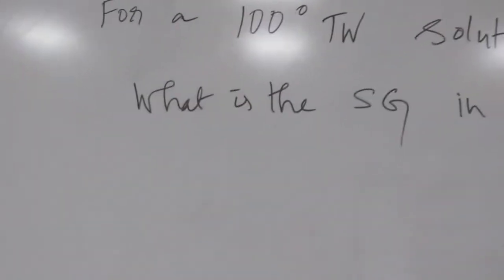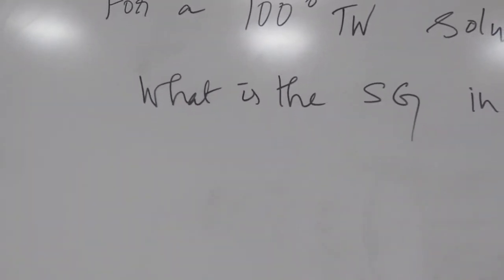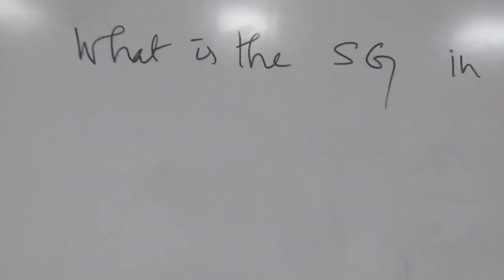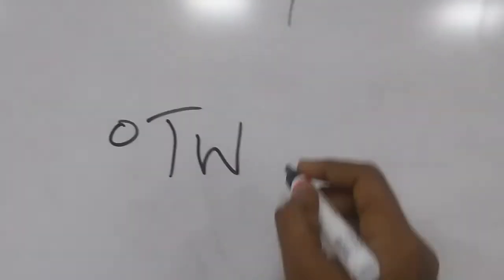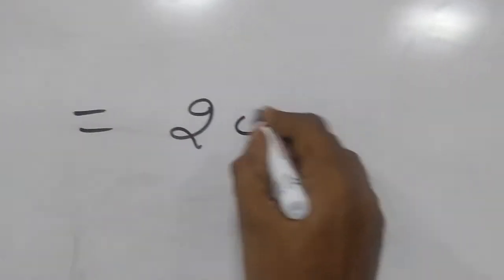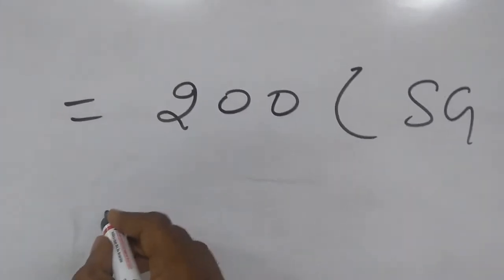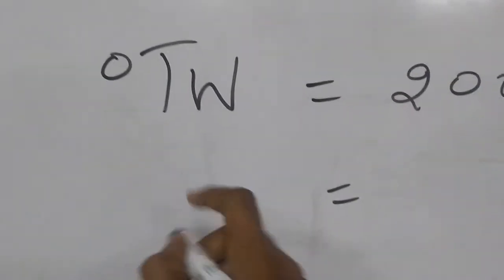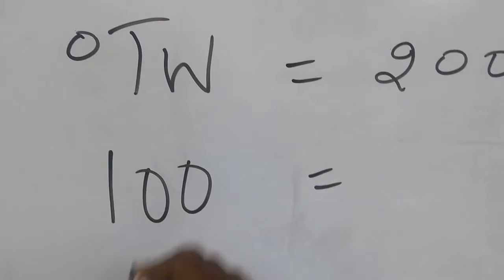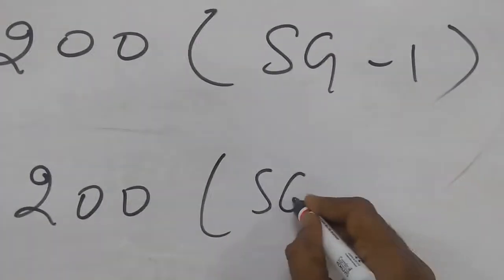So how to solve it? First we can make use of the relationship: degree Twaddell scale is equal to 200 into specific gravity minus 1. Here degree Twaddell scale is given as 100, so 100 is equal to 200 into Sg minus 1.